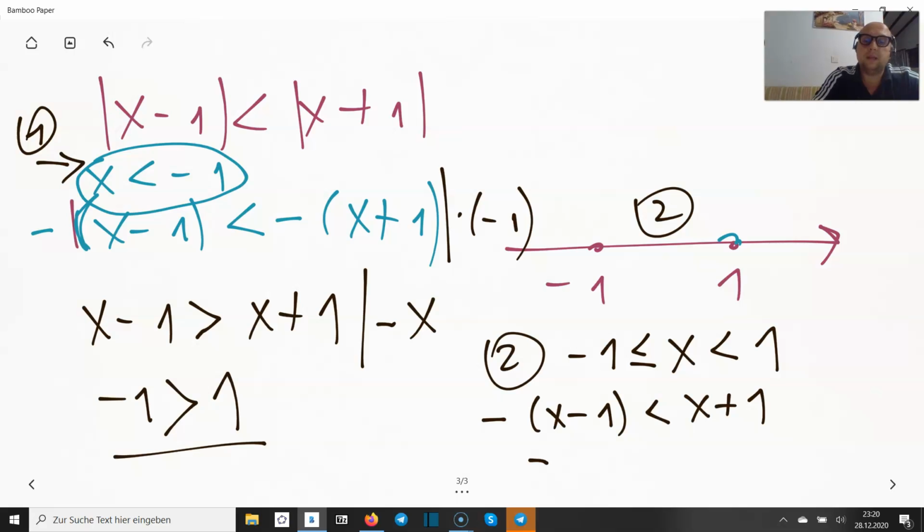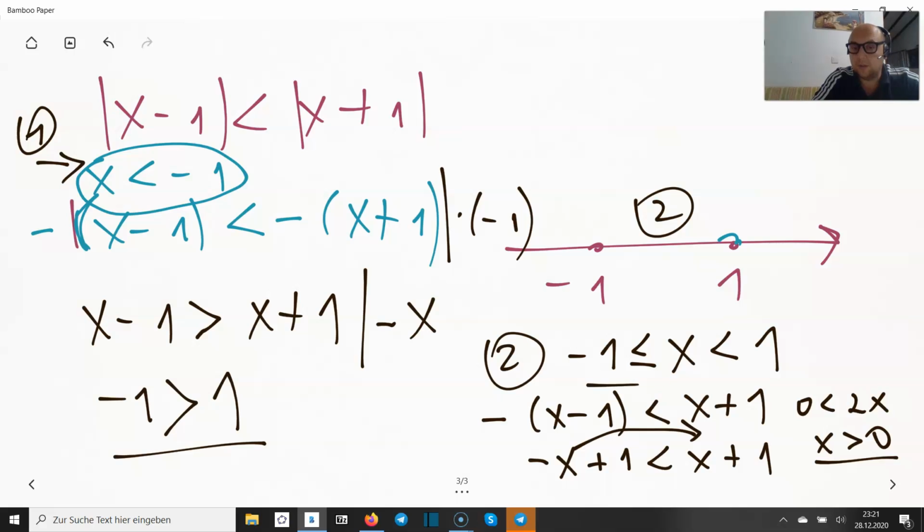That means we have minus x plus 1 less than x plus 1. Maybe we bring minus x to the right-hand side and 1 to the left-hand side, so we would have 2x bigger than 0. That means x is bigger than 0. And now we have to fulfill this condition and also this one, which means we are between minus 1 and 1.